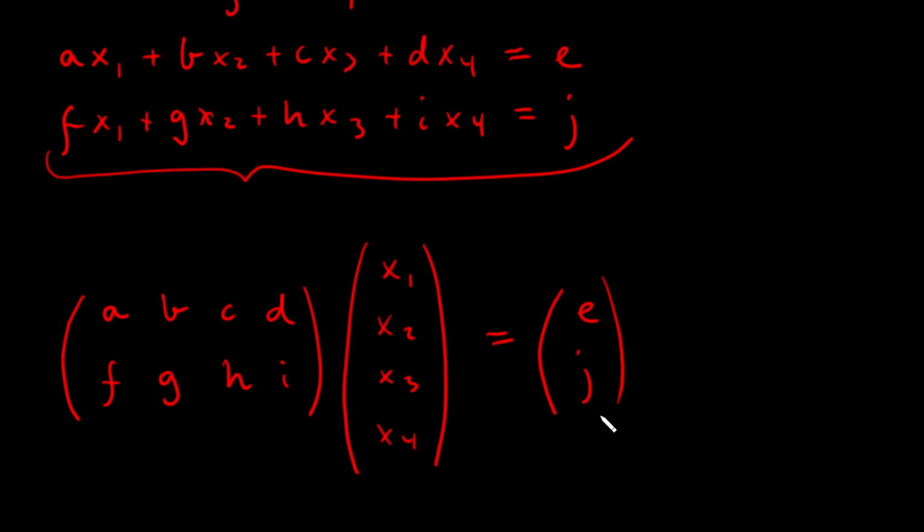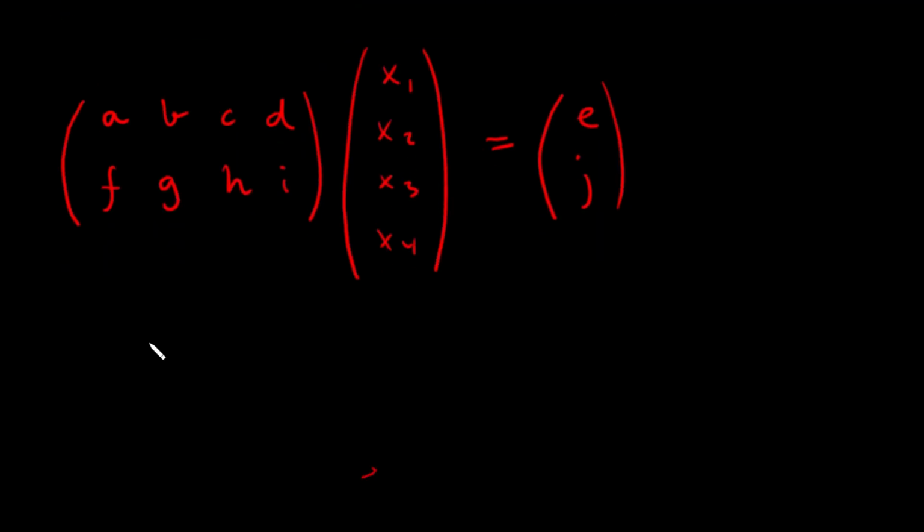So if you don't believe me on this, you can just perform the matrix multiplication and then see that this will actually be the end result of this way of expressing the matrix. But again, this is the A matrix. This is the unknown or the solution vector x, and this is the right hand side, D.